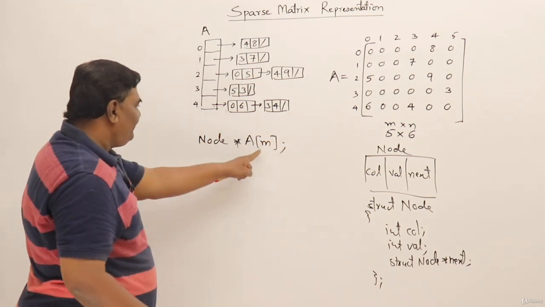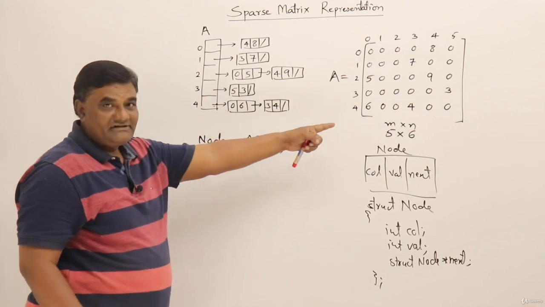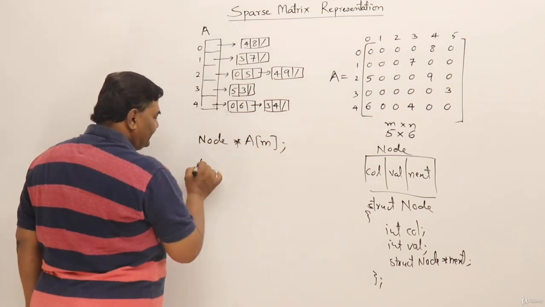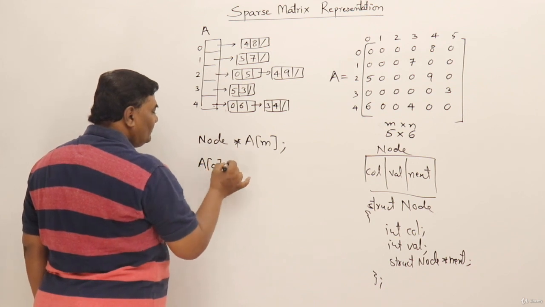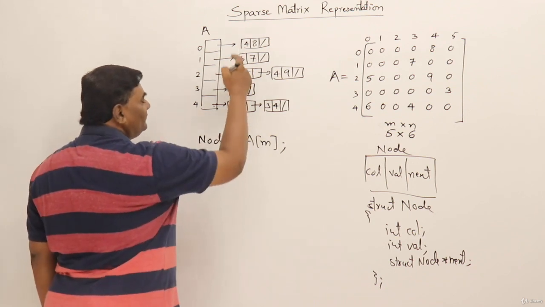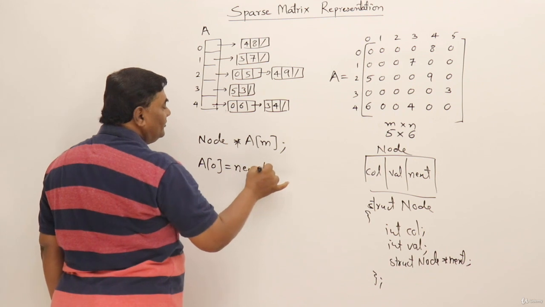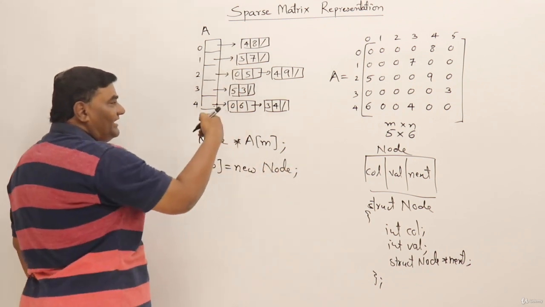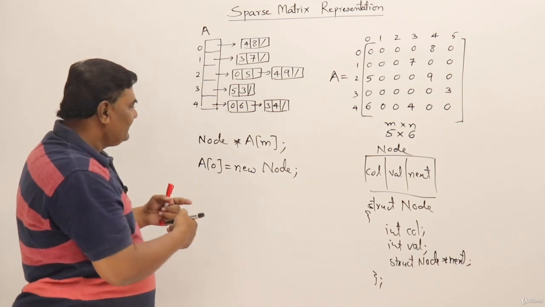So this is an array of pointers of size m, whatever the size is. Then at each location, let us say A of 0, assign a new node. So I am just assigning one node. Like this, I have to create all these linked lists.